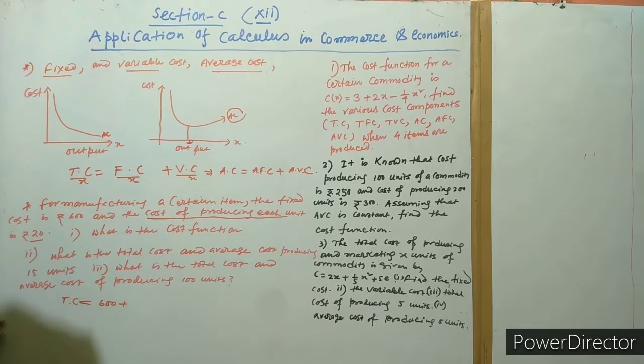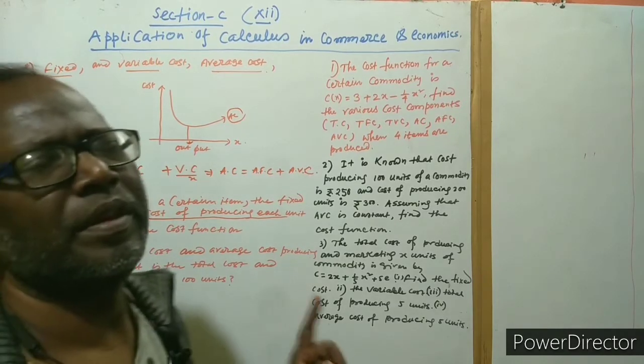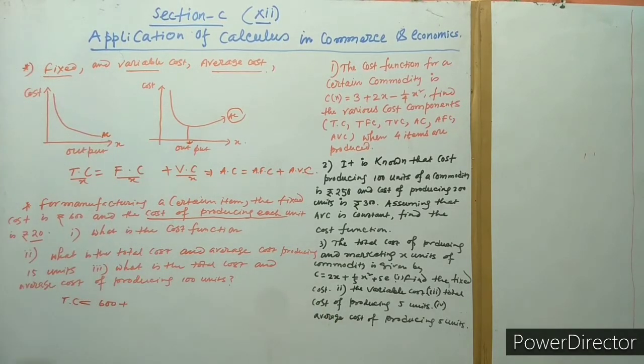Let us assume the number of items be X, so X into 20 is the variable cost. That is called the total cost function. This is the fixed cost, and this varies with the level of output.